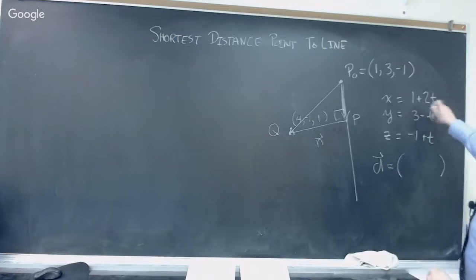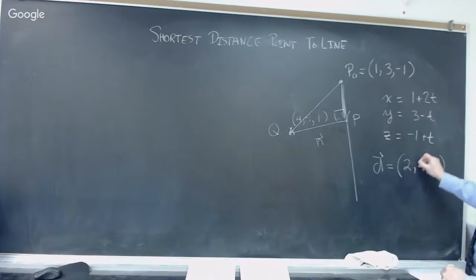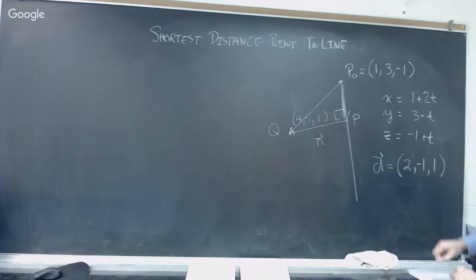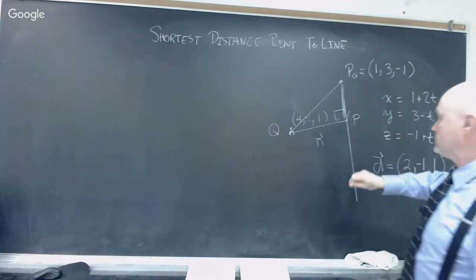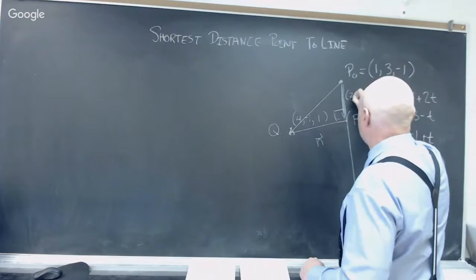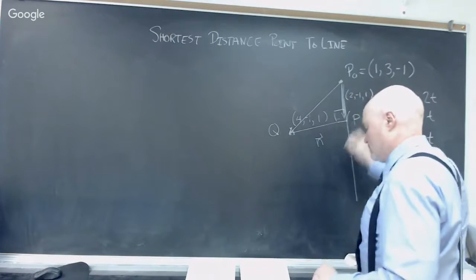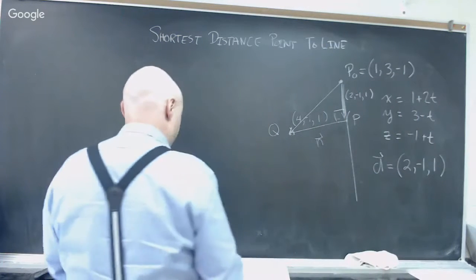So this is 2, -1, and 1. So that's my direction vector here. So I'm going to be projecting onto that.